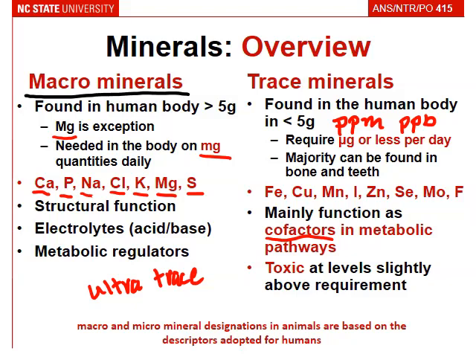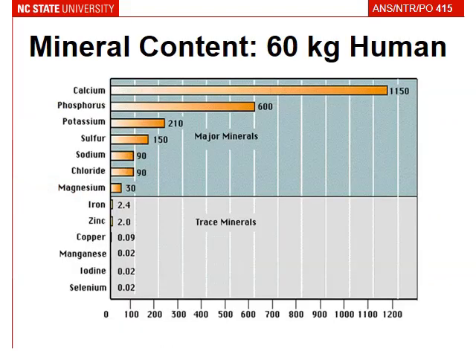And as I mentioned before, be aware that the macro and micro or trace mineral designations in animals are all based off of what was adopted for humans. So here we have our distinction between our mineral content for a 60 kilogram human.